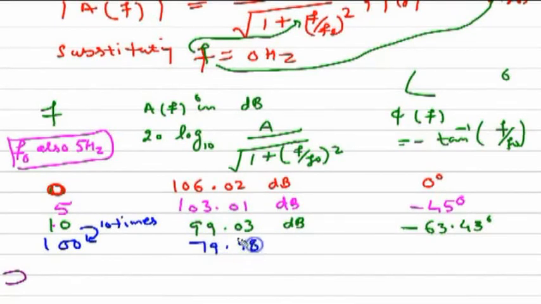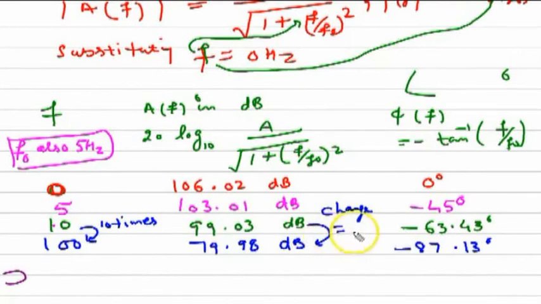It comes down by 20 decibel. This is very important: when the frequency increases 10 times, the gain comes down by 20 decibel, and the phase increases in the negative direction, to minus 87.13.